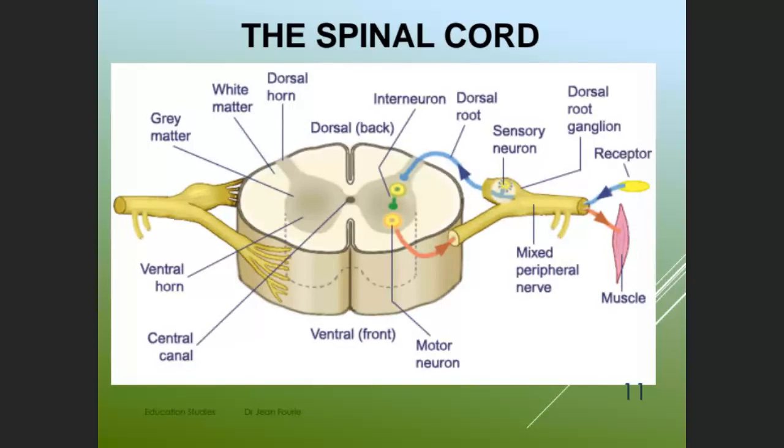Here is a cross section through the spinal cord. The sensory neurons will come in through your skin. So there are receptor neurons on the skin. The stimulus comes down into the spinal cord along a sensory neuron.